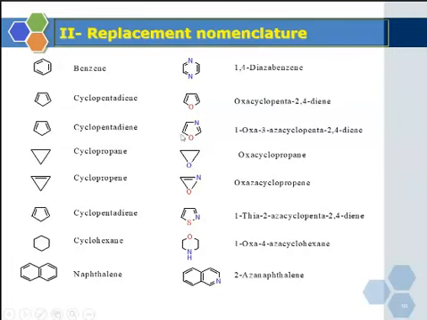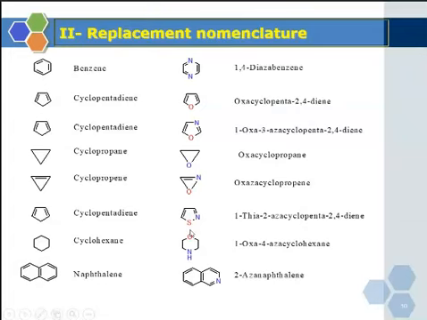Similarly, the next structure will be called oxacyclo. It is a 3-member saturated ring. Hence, cyclopropane. Here, oxa and aza, two heteroatoms are attached. Oxa, aza, cyclopropane. Here, same cyclopentadiene based ring structure with two heteroatoms, sulfur and nitrogen.